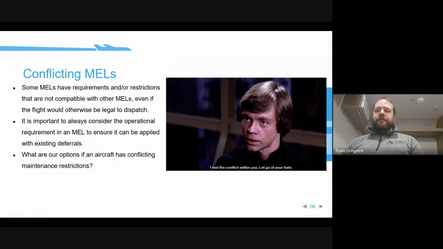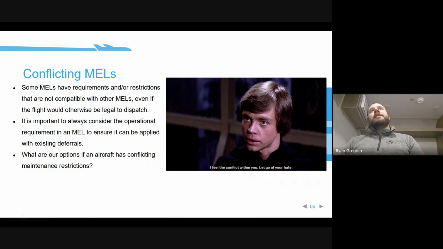This is one of the no-go items that we commonly see on practicals. The DAID will give you, the student, an example dispatch release, and there will be two MELs applied to the aircraft that have a conflict, and both cannot be applied.